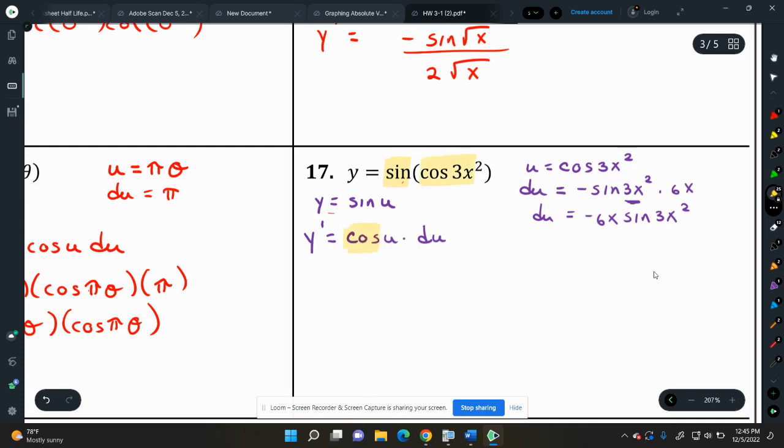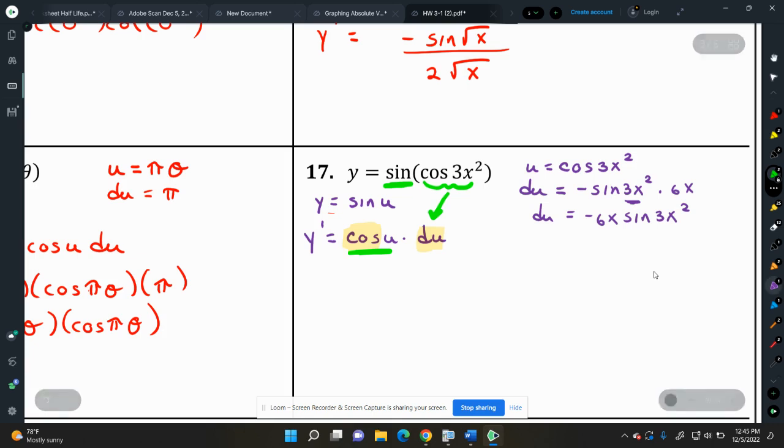The inside is the derivative of cosine 3x squared, and that's what du is. Let me say that again, because I know some of you were taking notes. The outside of the original problem, if I did not do u substitution, is the sine. Derivative of sine is cosine. The inside is this part, and that's my du.